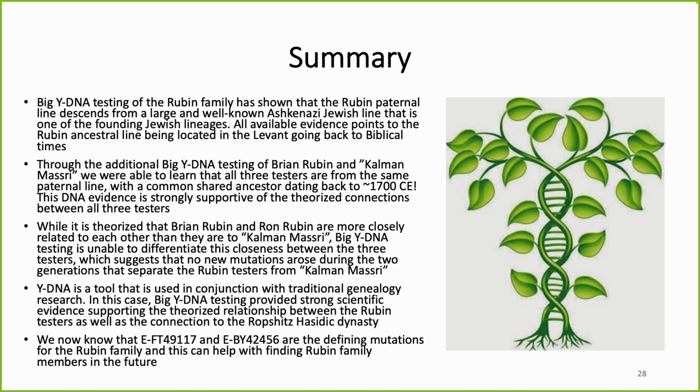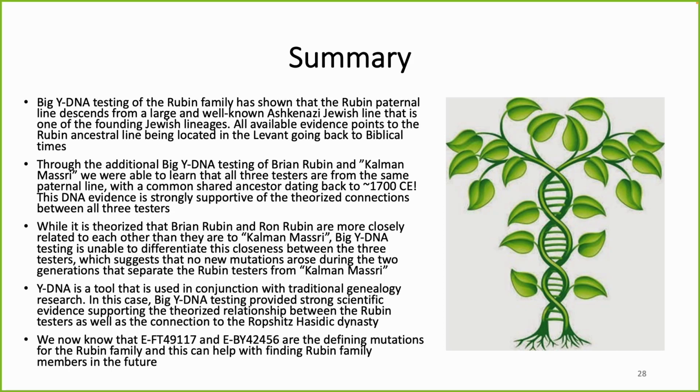And based off of the information I was able to gather about the Rupshitz Hasidic dynasty, I had this hypothesis that I then was able to test scientifically through the Y-DNA testing. And if I hadn't done the research going into any of this, we would never have discovered any of this, right? We wouldn't have been able to find this. So it's important to do the genealogy research to then allow you to follow on with the Y-DNA testing to further prove it out scientifically.